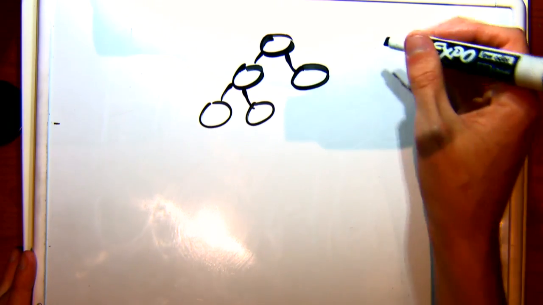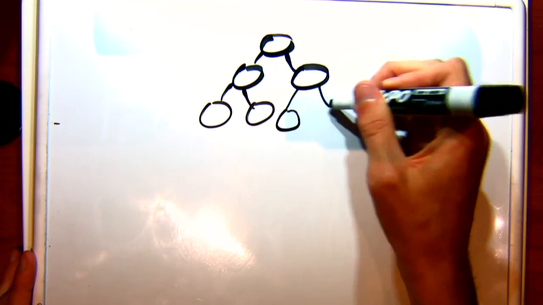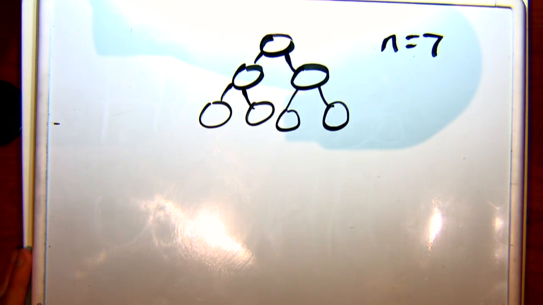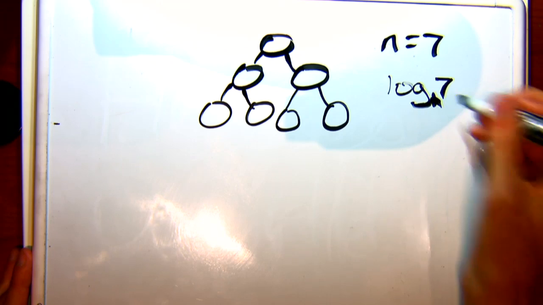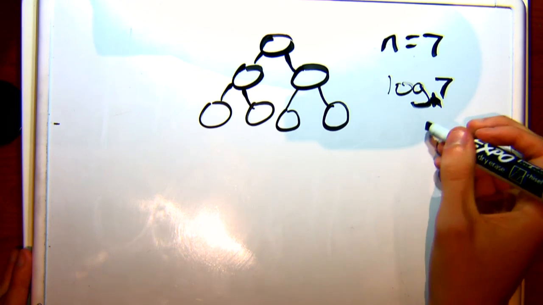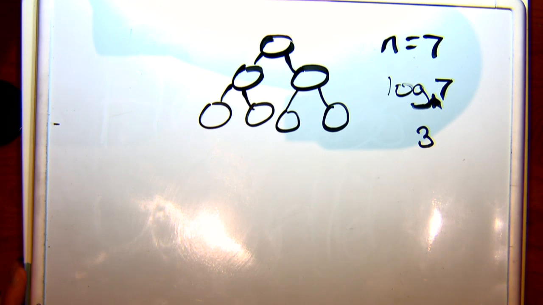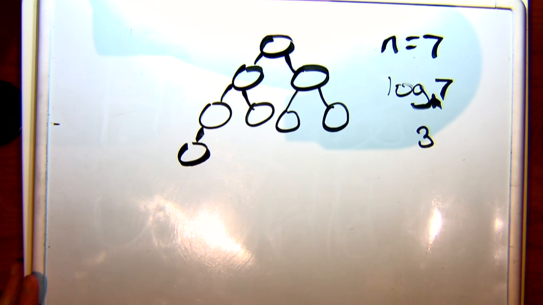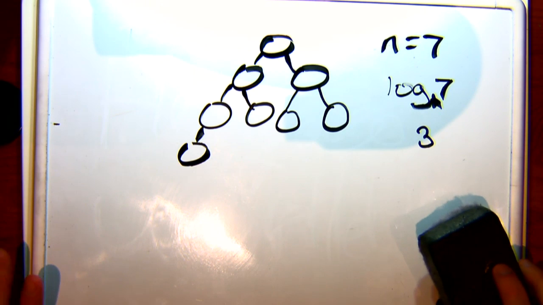So let's say we have 7 nodes. The max depth that we have to go to insert another node into that tree is about log base 2 of 7, so this is about 3. We need to go down about 3 steps in order to insert another node into this tree. That's actually the best, average and worst case for insertion with a balanced tree.